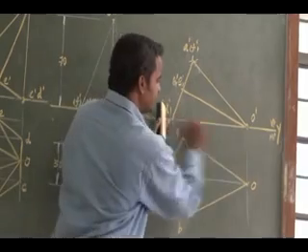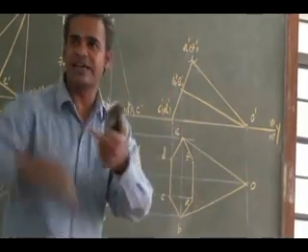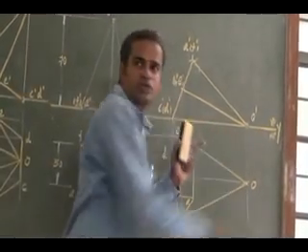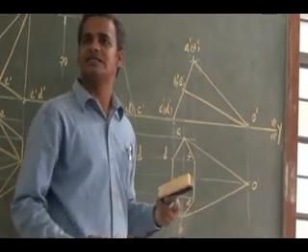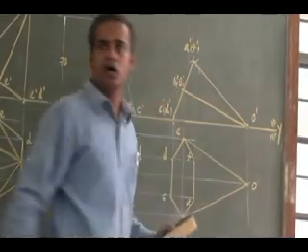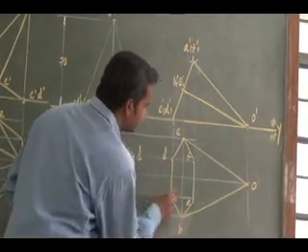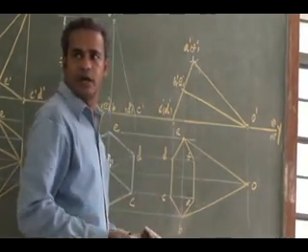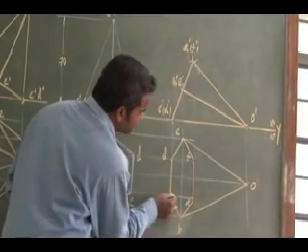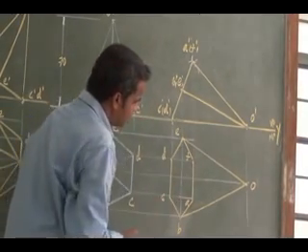Otherwise, below the axis, whatever slant edge you have, nearest to the reference line, that slant edge or side edge will be a hidden one in your top view. Alright, so anyhow, my CO and DO are going to be hidden. So I have to connect CO and DO as a dotted line.